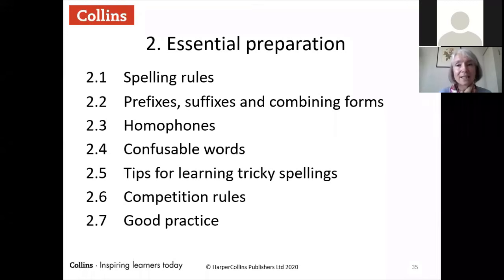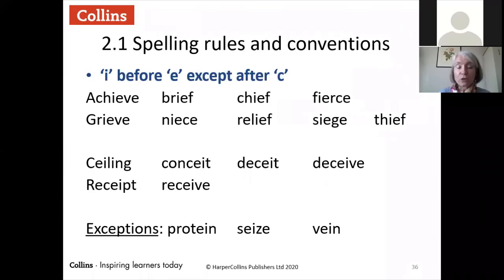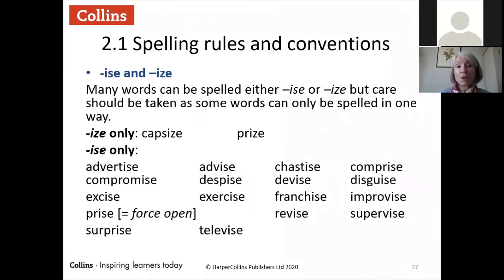So these are the things that you need to practice and revise before the competition. The first thing is spelling rules. I'm not going to go through them here, but you need to know your spelling rules and you need to know the exceptions. Okay, so I before E except after C, and learn protein, seize and vein that are all exceptions. You need to know where I-S-E and I-Z-E are interchangeable and where some words can only be spelled one way and which words these are.